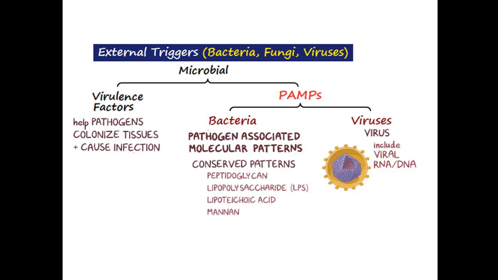But since the viruses do not have cell membrane components, mostly they are recognized by the viral RNA or DNA which is present in the healthy cells. And these components constitute the pathogen associated molecular patterns.